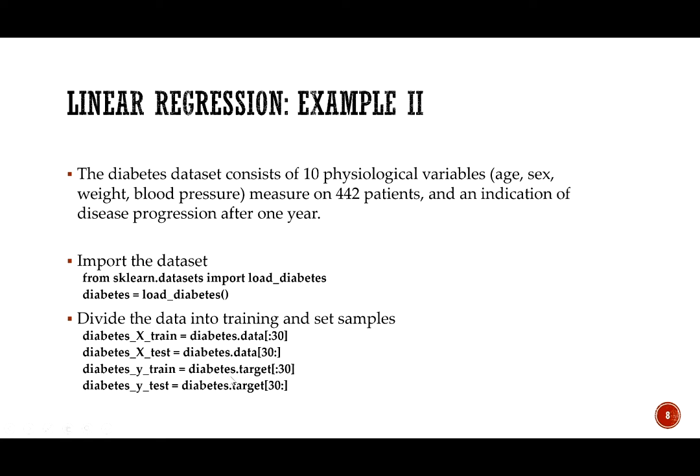So it would be diabetes.data, and the response variables are assigned under the target variable. So diabetes.target, the first 30 observations for training Y, and the rest is for testing the algorithm.